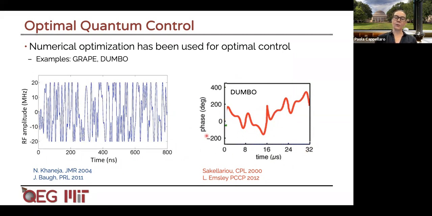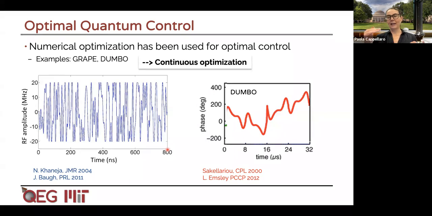In this case, what we were optimizing over was just the phase of a continuous drive. What is common to these two techniques is that they do a continuous optimization. They have a continuous drive. Yes, it is discretized, but the discretization is very fine, because the experimental apparatus typically only allows this digitization of your signal.